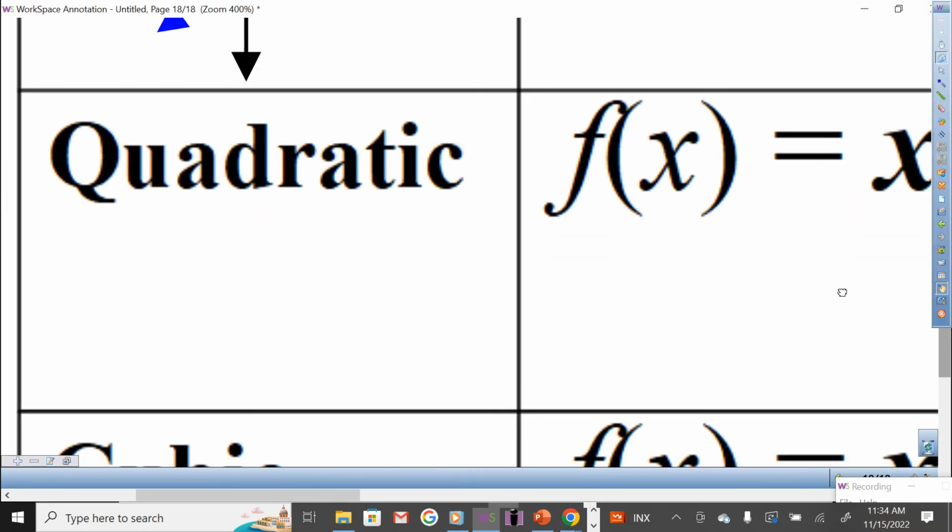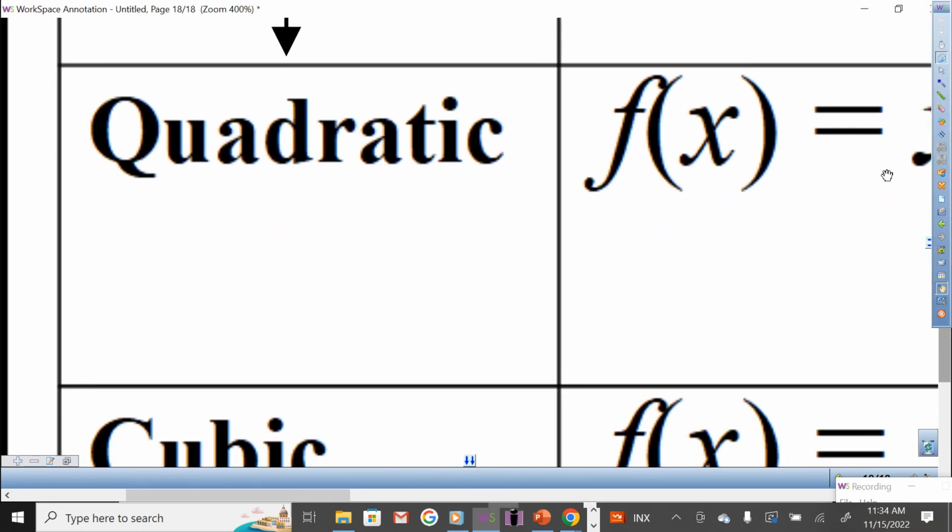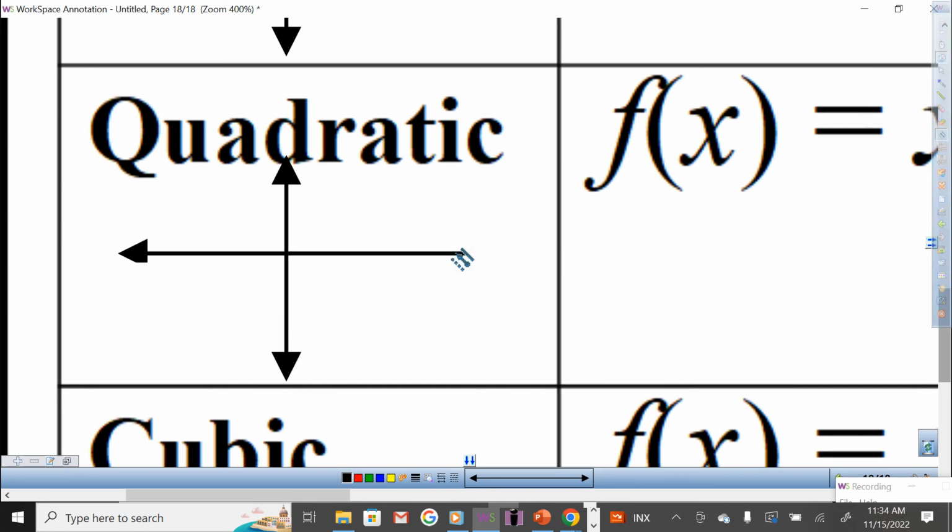Now, before I graph it, tell your neighbor the first 2 points we're going to plot for quadratic functions. Tell your neighbor so I can ask Valente, what are the first 2 points we're going to graph? Valente, pass someone.